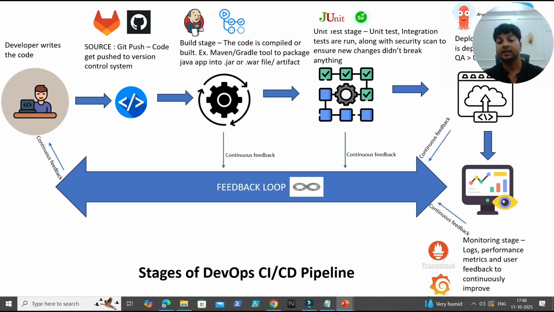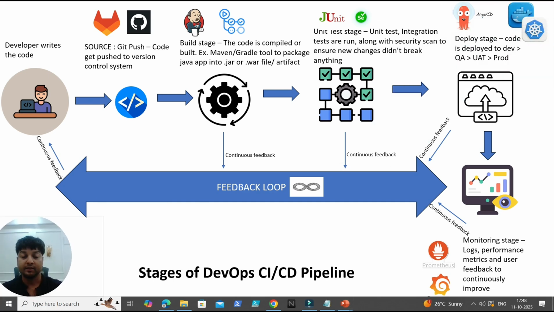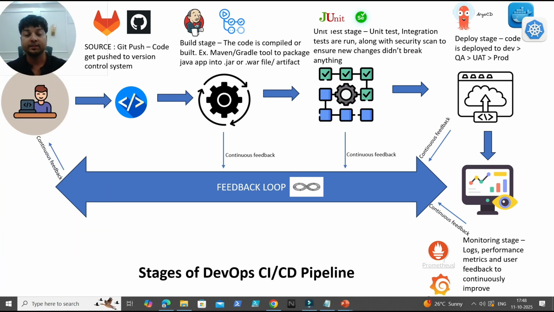Now, once the code is built and tested in the CI stage, what happens? The next step is the CD. CD means continuous delivery or continuous deployment. Many people get confused between the difference.